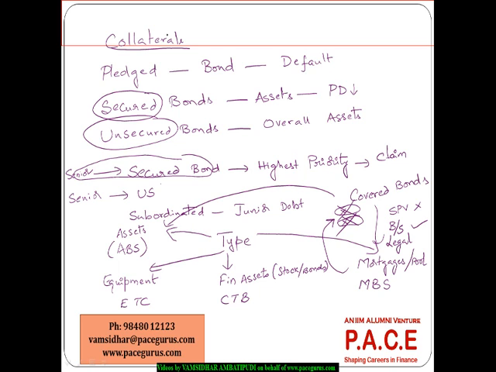So understanding what the collateral is, and what kind of seniority is associated with this particular debt, will really bring about a good understanding of the risk associated with a particular bond which is being invested in. Then the next dimension that we are looking at is the credit enhancements.